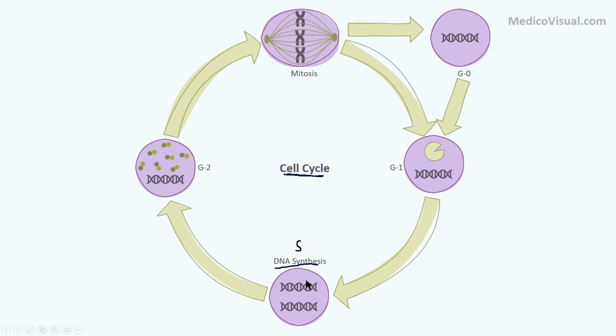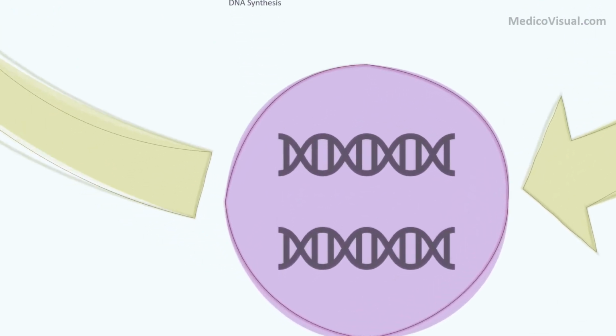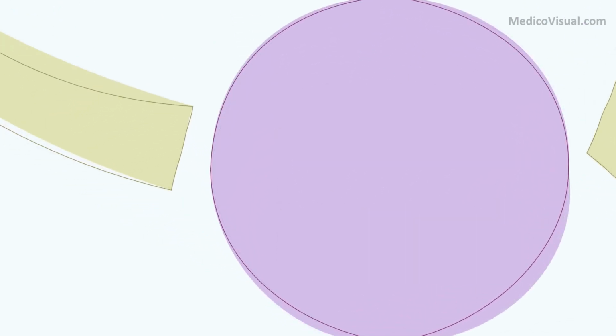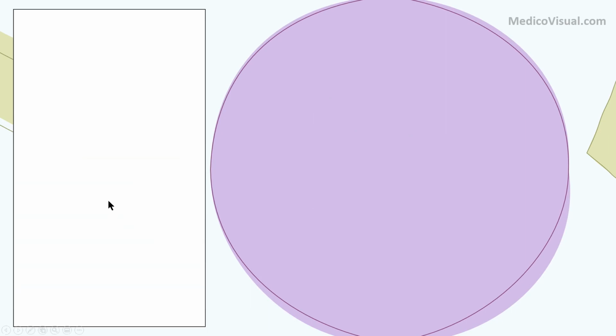In the DNA synthesis phase, of course, you know that the cell will synthesize DNA. The cell will synthesize raw materials of DNA as well as it will make an actual copy of DNA. But before discussing this, let's talk about that.